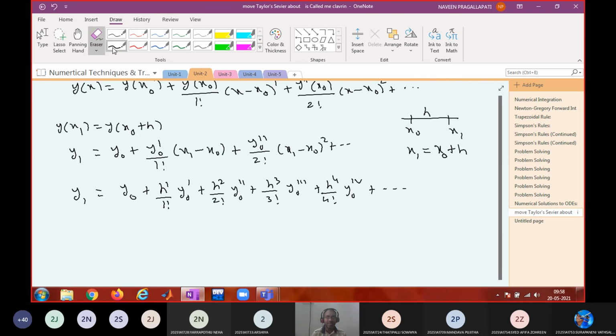Actually I should not use this symbol, because if I use that symbol I have to put it in brackets, like this.